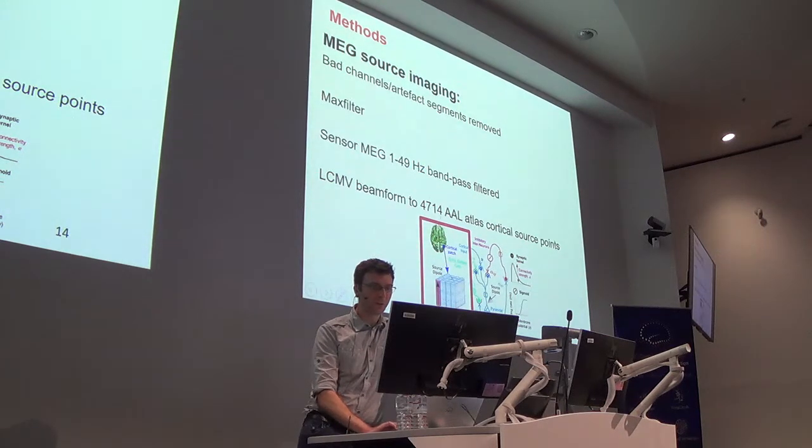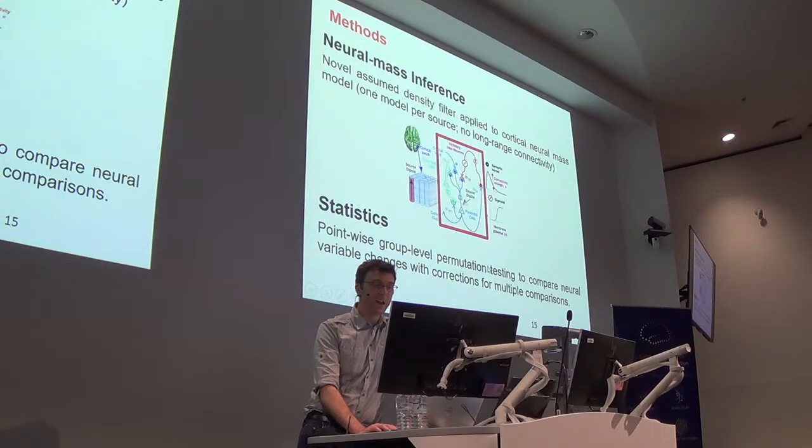As before, I told you about how we do the MEG source imaging, and we have 4,700 points on the cortex that we try and estimate neurophysiological variables for. We use a filtering technique that we developed.